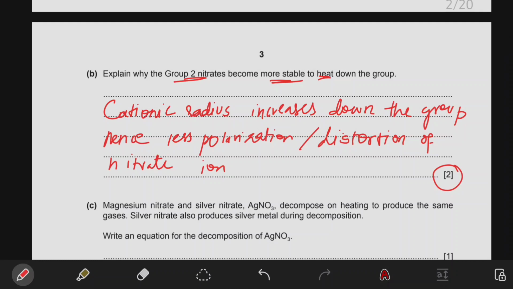Also, don't just say the anion, because we know that here nitrates are being talked about, so please write nitrate ion rather than anion.